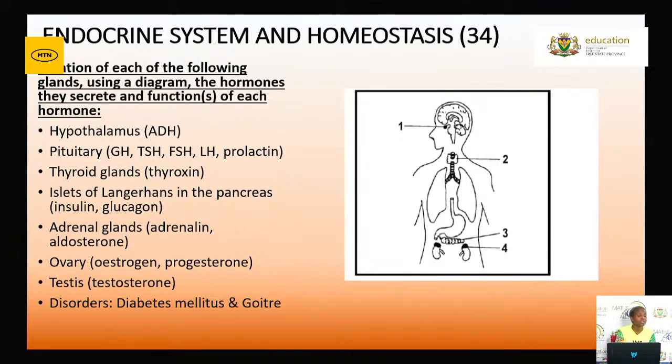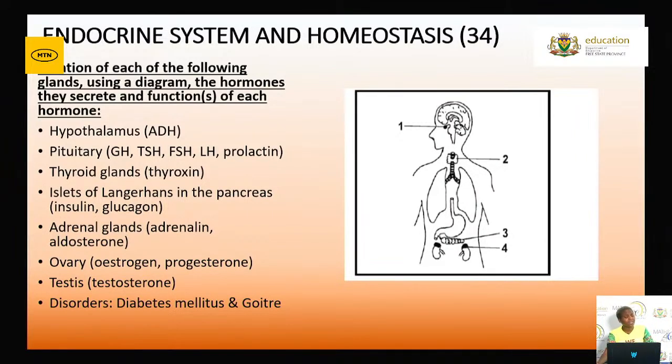This insulin will convert the excess glucose into glycogen, which will be stored where? In the liver. Okay? And if the blood glucose drops, the islets of Langerhans will secrete glucagon, which will convert that stored glycogen back into what? Into glucose. And then the level of glucose will be back to normal.